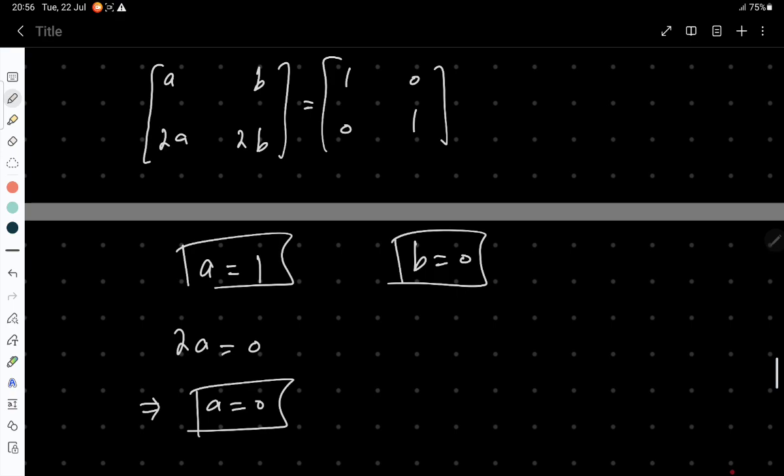But this is a contradiction because previously I found that a is 1, but here a is 0. These two things cannot be true at the same time. Either a is 1 or a is 0. So this is the contradiction.